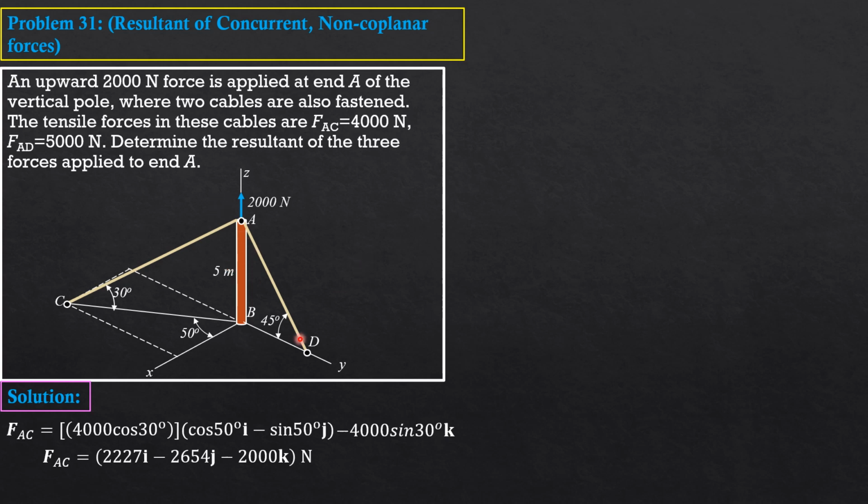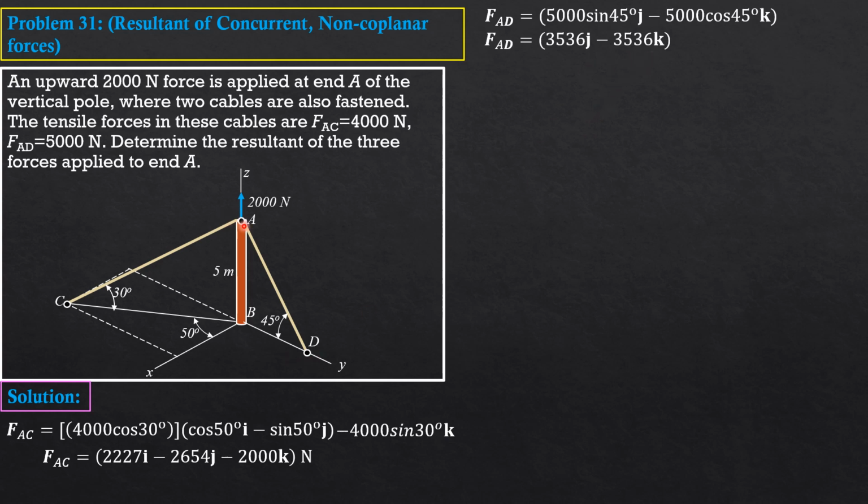So FAD in vector form is 5000 times quantity sine of 45 degrees J, then minus 5000 cosine of 45 degrees K. Simplifying, FAD is equal to 3536J minus 3536K.